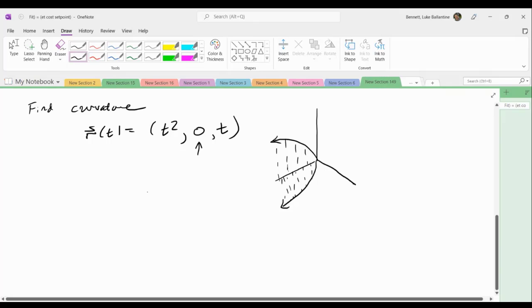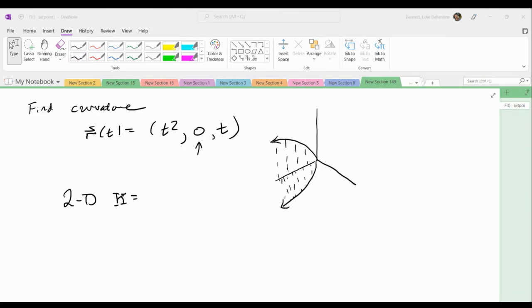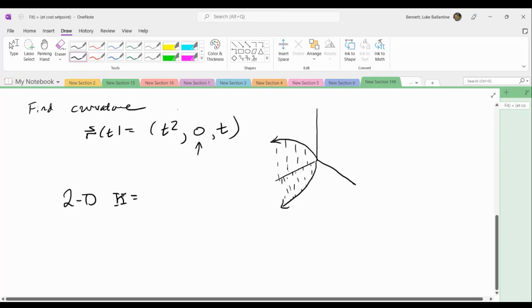So yeah, we want to determine the curvature, but we can use that two-dimensional curvature is equal to the absolute value of y double prime over (1 plus y prime squared) to the 3/2.